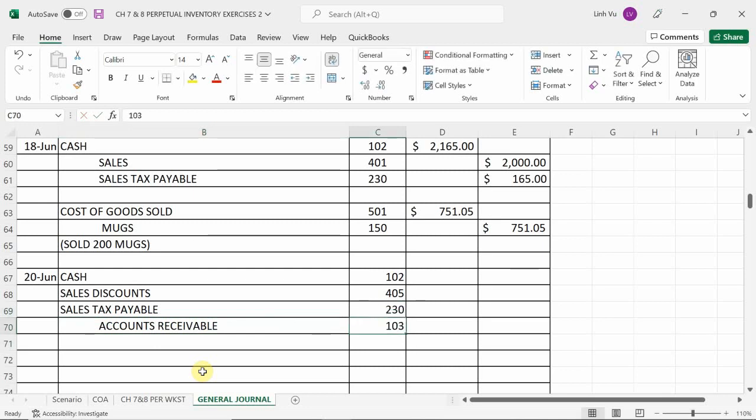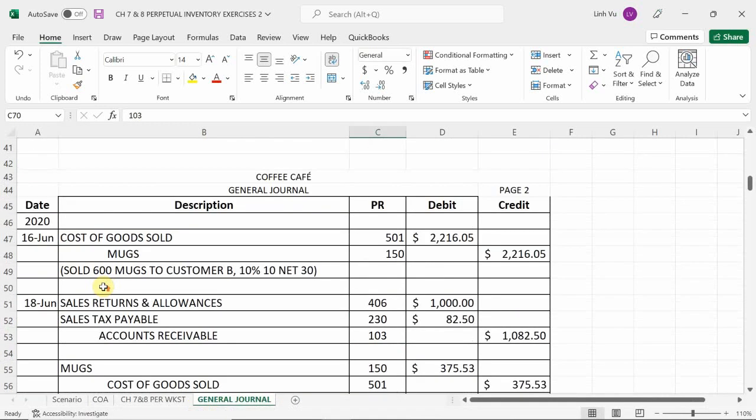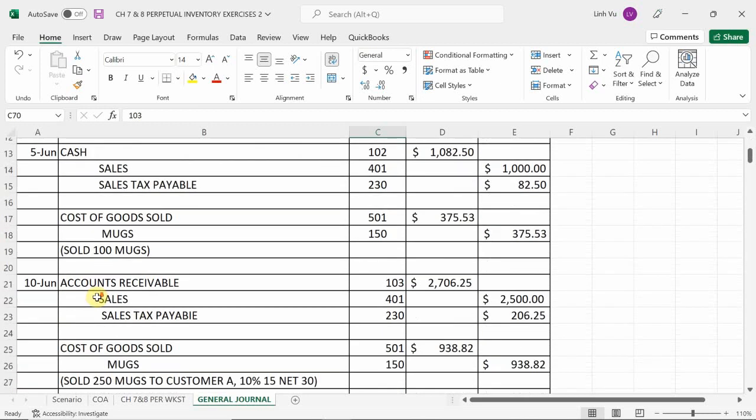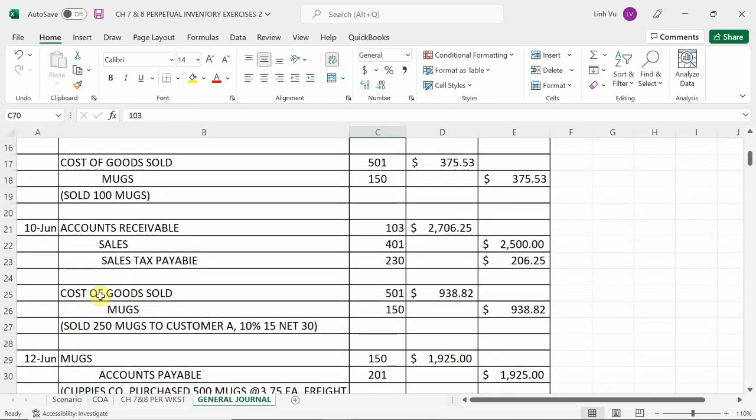So we already saw the amount that we charged them. For customer A, we charged sales of a total of $2,500 with a tax of $206.25. So how much am I going to be discounting?